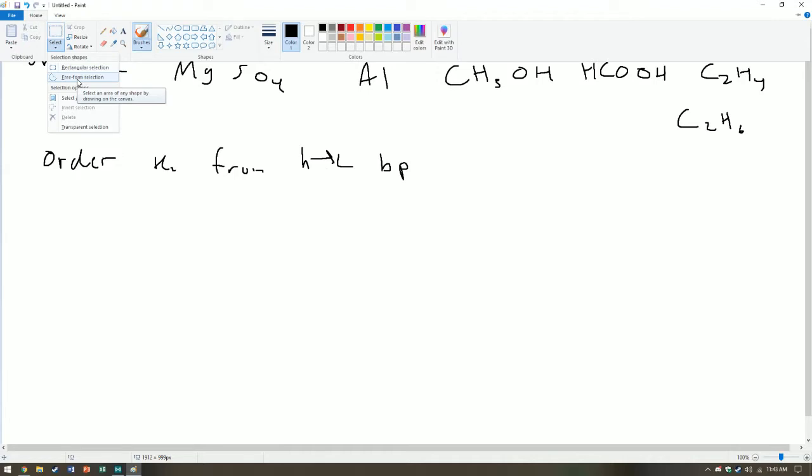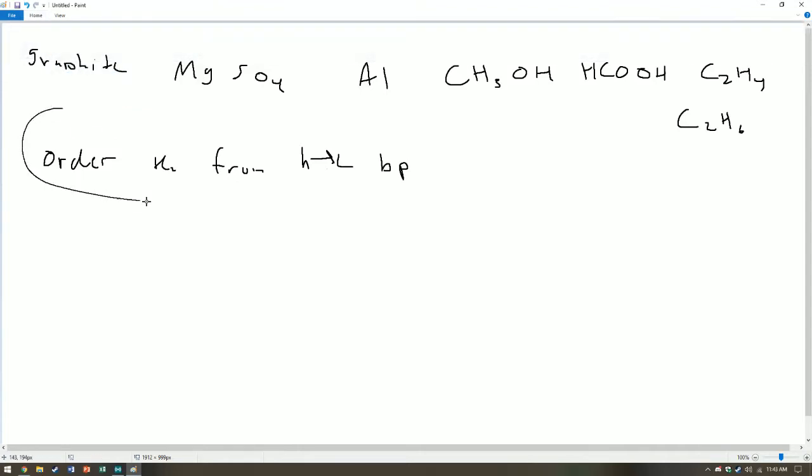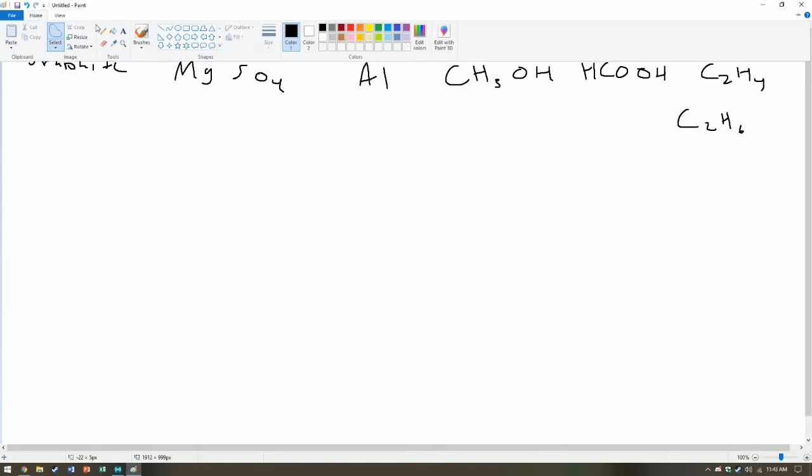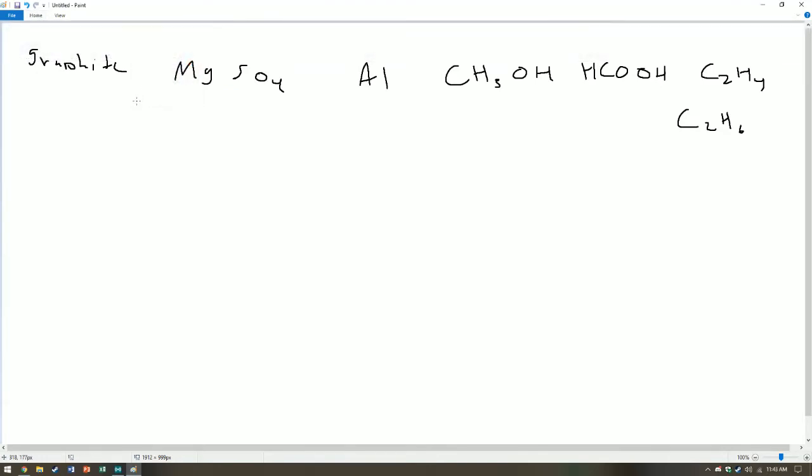Alright, now that you're back, presumably, I'm going to first erase this so I can get some more space here. Since I have a random assortment of compounds, I know the general trend anyway is I first want to go general and work down specifically.